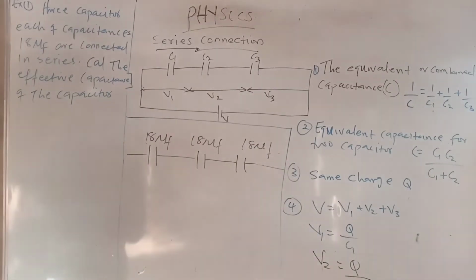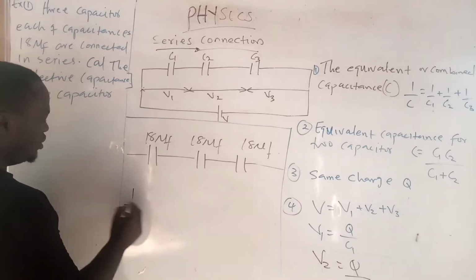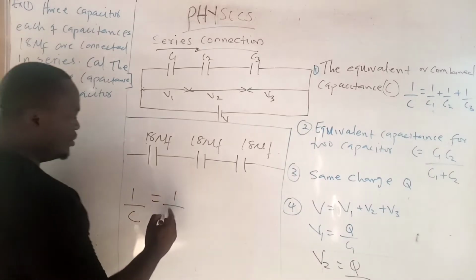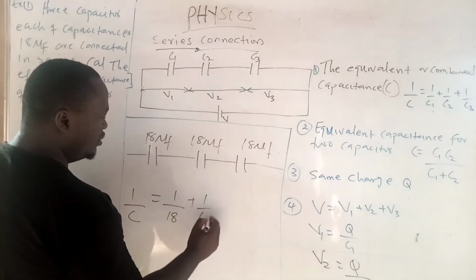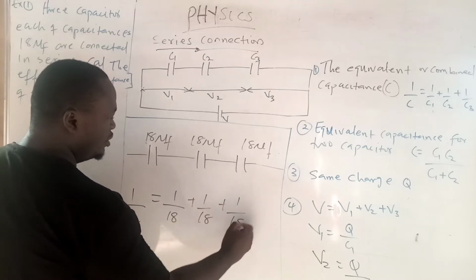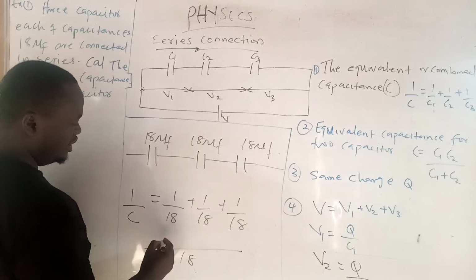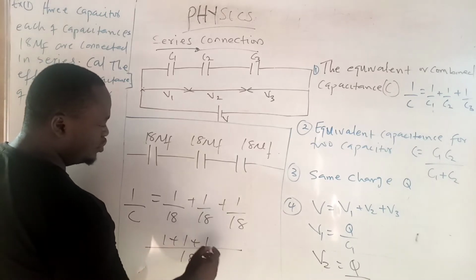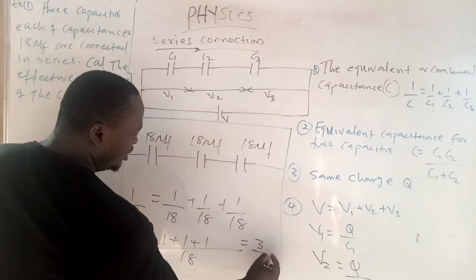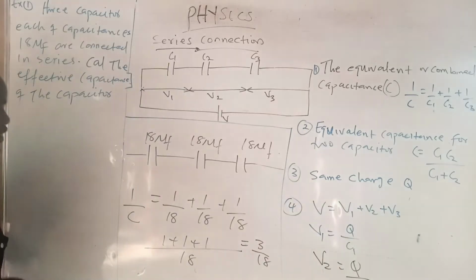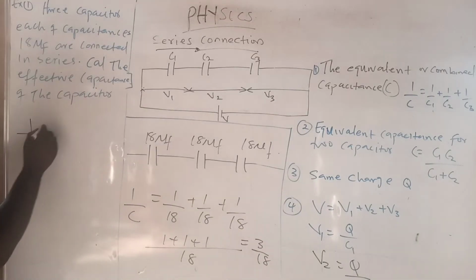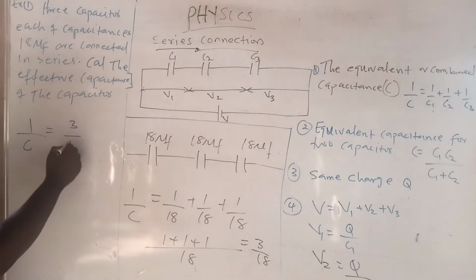Now, remember, the effective capacitance is 1 all over C equals 1 all over 18, plus 1 all over 18, plus 1 all over 18. The LCM is 18. Here is 1 plus 1 plus 1, and this will give you 3 all over 18, right? So 1 all over C is equal to 3 all over 18.